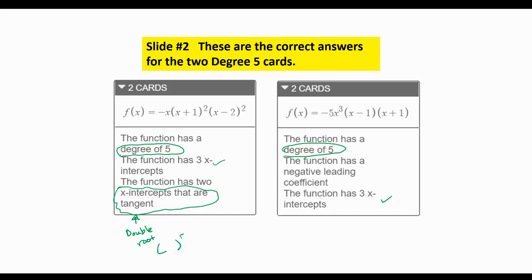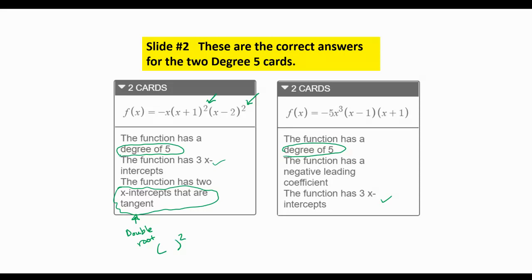That means it has an exponent of 2. That's what a double root means. I went over that at the beginning of this video. A double root means you have an exponent of 2. And you can see that happens twice. So there's 2 intercepts that are tangent, which means 2 double roots.